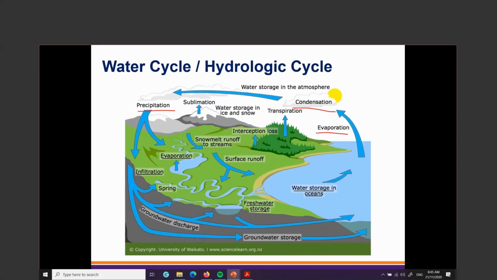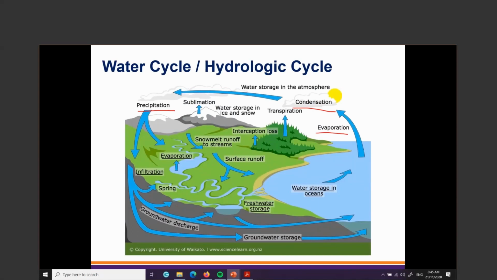A cloud is made up of tiny water droplets that collide with each other. Once the cloud becomes heavy with water, the water cannot be held anymore. So then we have precipitation, or rain. The water now falls on the earth in the form of rain, snow, hail, and so on.